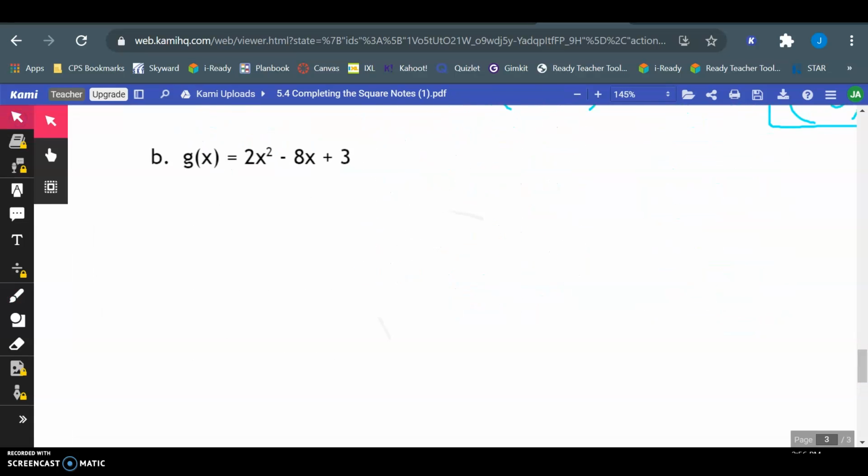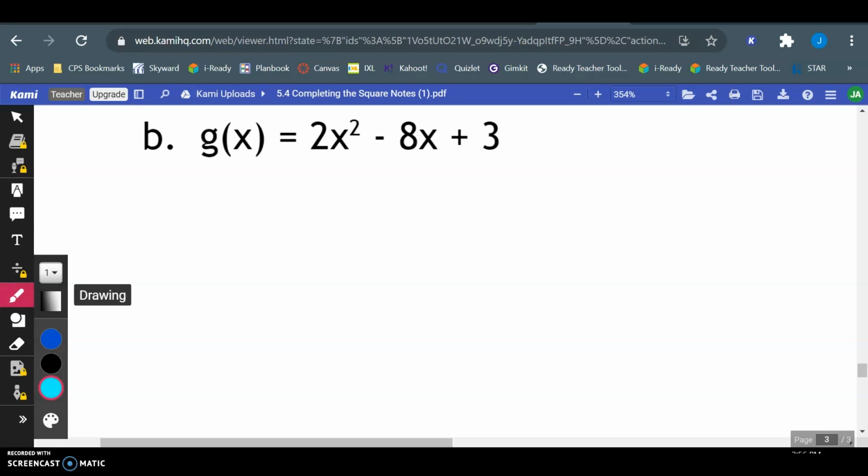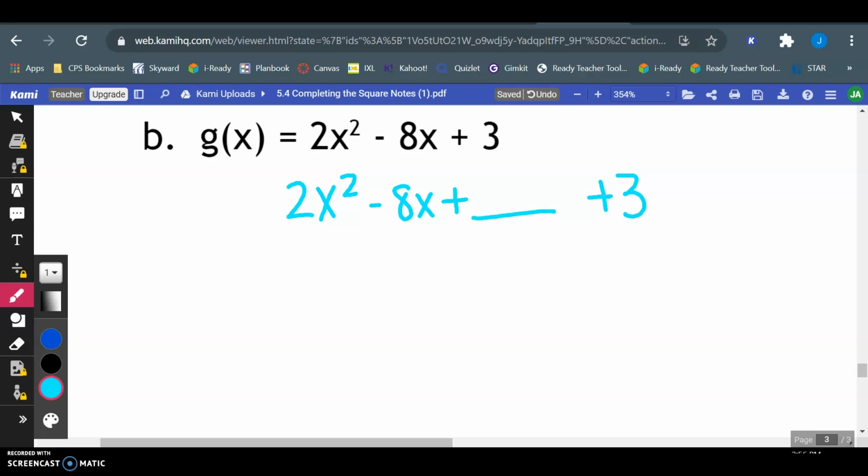Now for this last one, we're going to split it up again. So I have 2x squared minus 8x plus our square, and then I'm going to move that plus 3 out, and I'm going to minus our square. So we have a 2 in common here, so I'm going to divide out a 2.